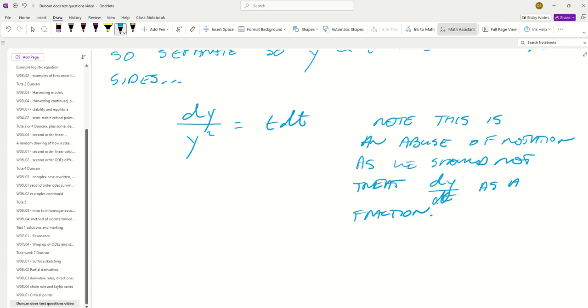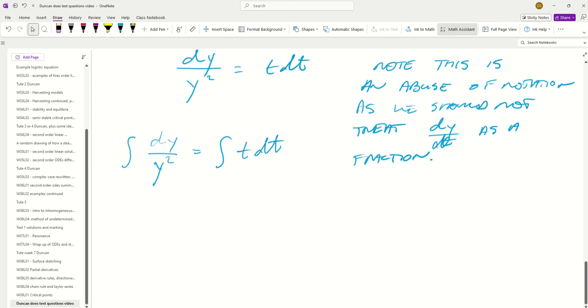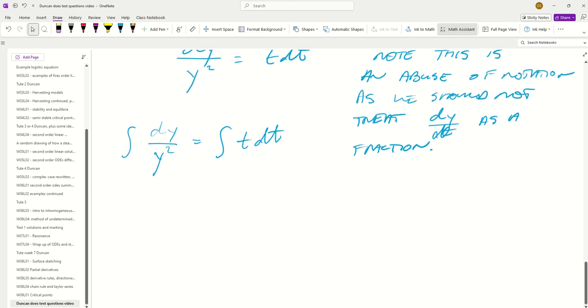Informally, we get to this step, which is, as I know, an abusive notation. But it does separate, and it is the correct separation. When we integrate, we kind of make everything good again, right? This is kind of meaningless at the moment because of the form of the derivative. That, however, turns it into an integral equation, and we're good.